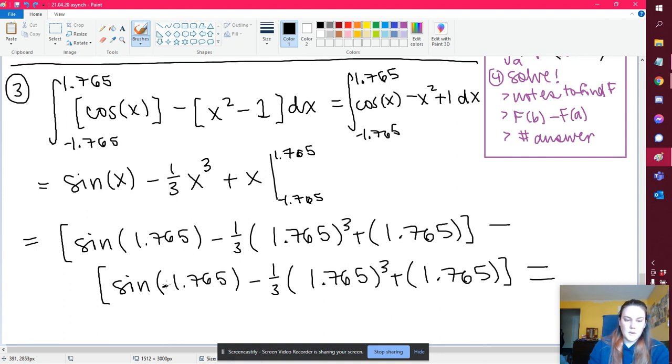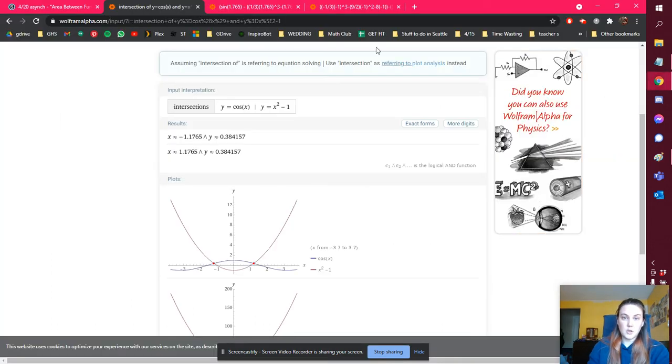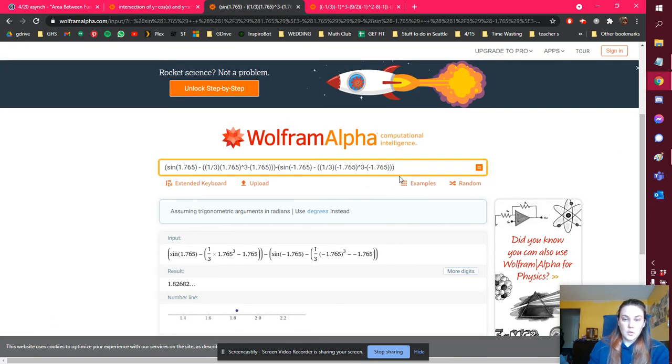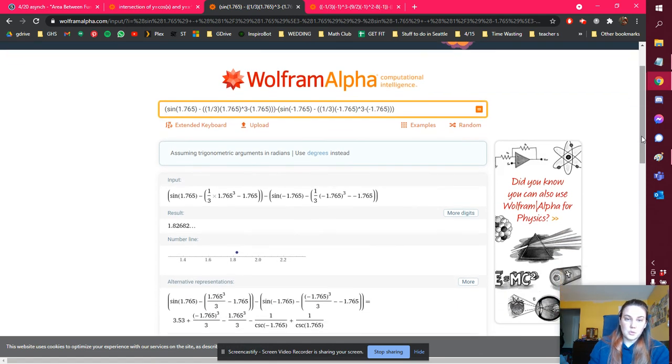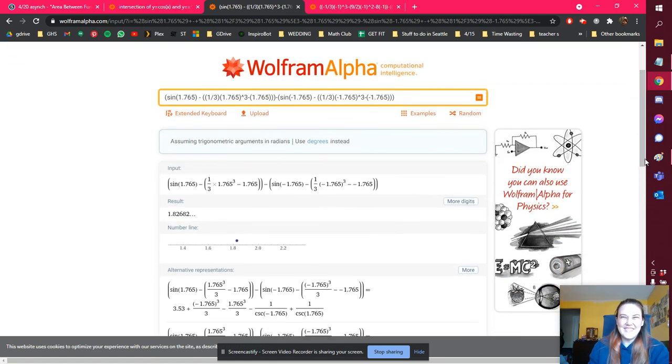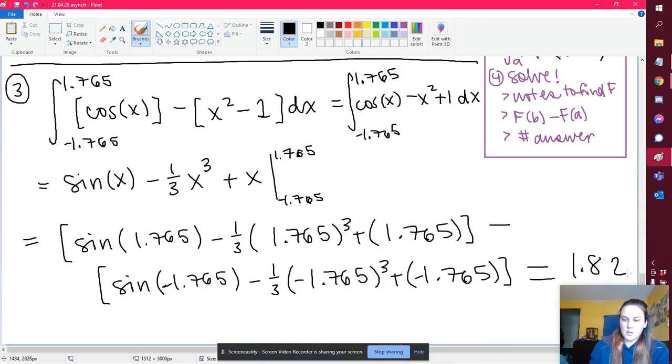It's like negative, negative, negative. Right? Again, this is a calculator situation. I'm not sitting here knowing these answers. So I've plugged it into Wolfram Alpha here using just an absolutely ridiculous amount of parentheses just to make sure it's right. And we get 1.82. There we go. We have now solved it. We got a number answer.